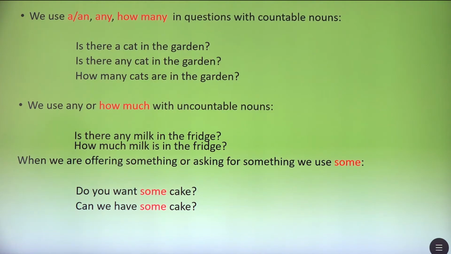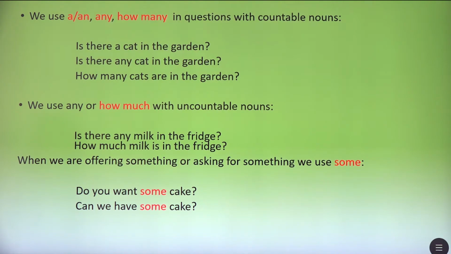We use the articles a, an, and any or how many in questions with countable nouns. For example, is there a cat in the garden? Is there any cat in the garden? How many cats are in the garden? And for uncountable nouns, we use any or how much.